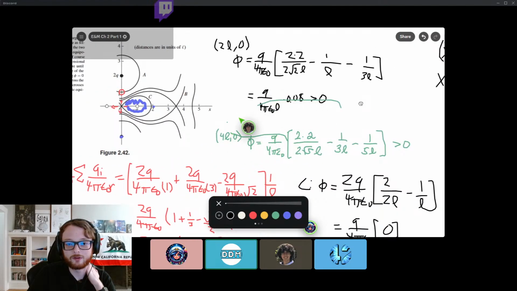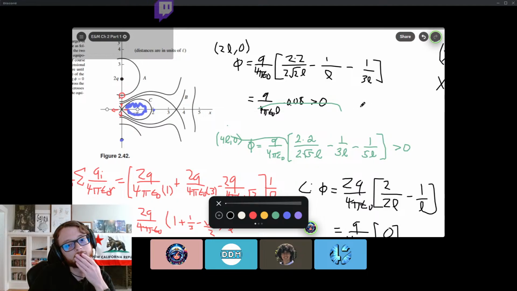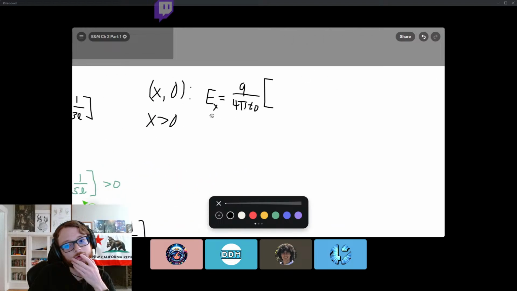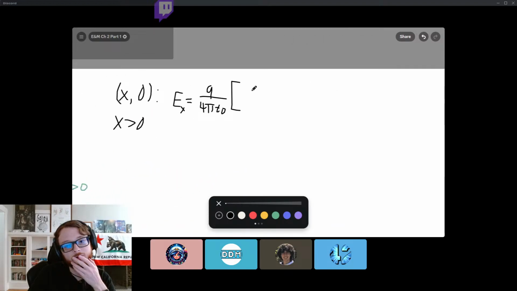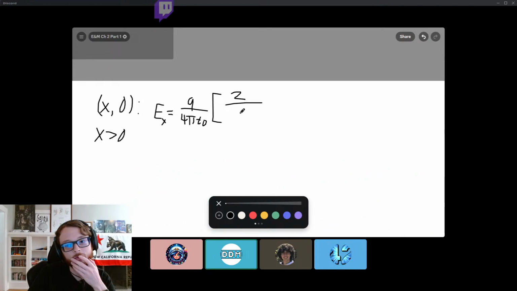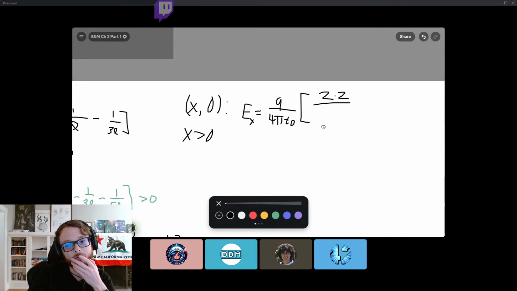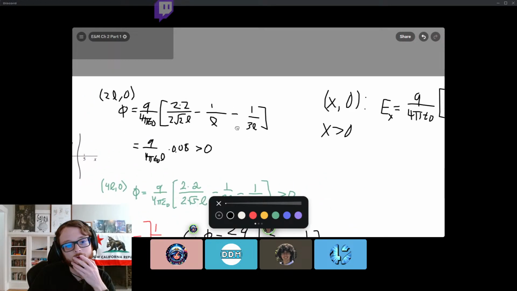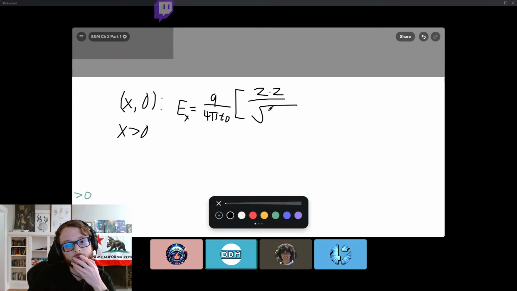The positive charges are positive 2, and the distance is 2 times 2, root x squared plus 2L squared, so 4L squared, if I'm not writing parentheses.